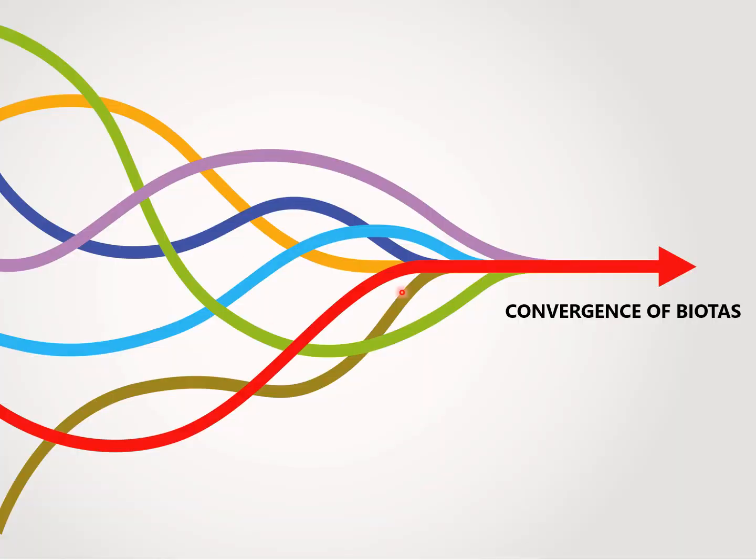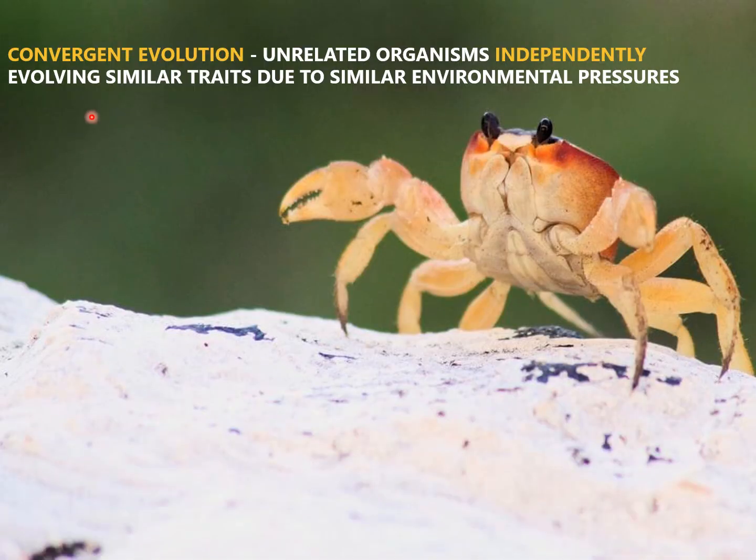Okay, so the last thing I want to talk about here is convergence and the convergence of biotas. Just to give the definition, convergent evolution refers to the phenomenon of unrelated organisms independently evolving similar traits due to similar environmental pressures.